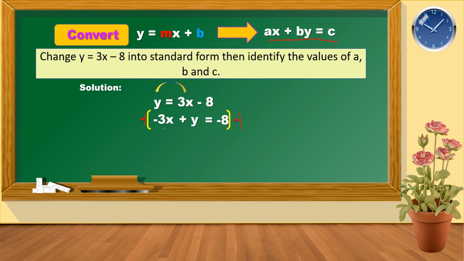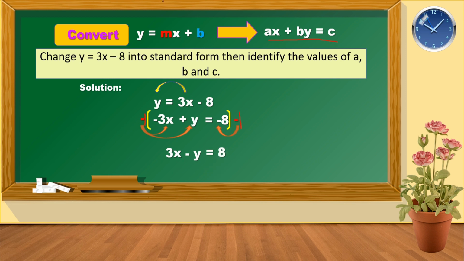So, we will multiply both sides of the equation by negative 1 for us to have a positive 3x. Okay? So, negative times negative 3x is equal to 3x. Next, negative 1 times y is negative y, and negative 1 times negative 8 equals positive 8.